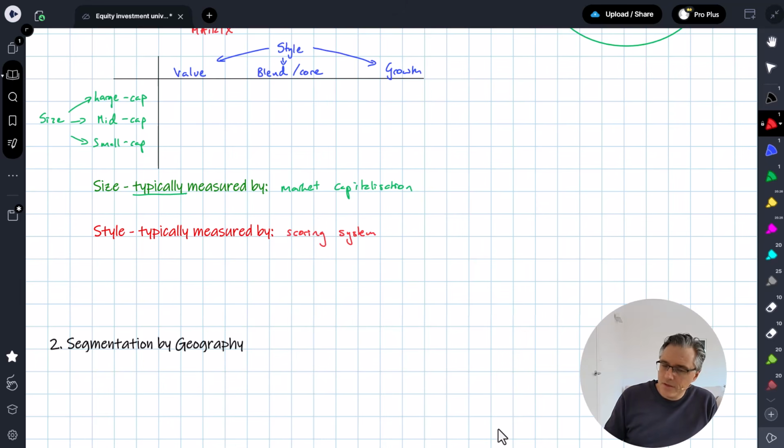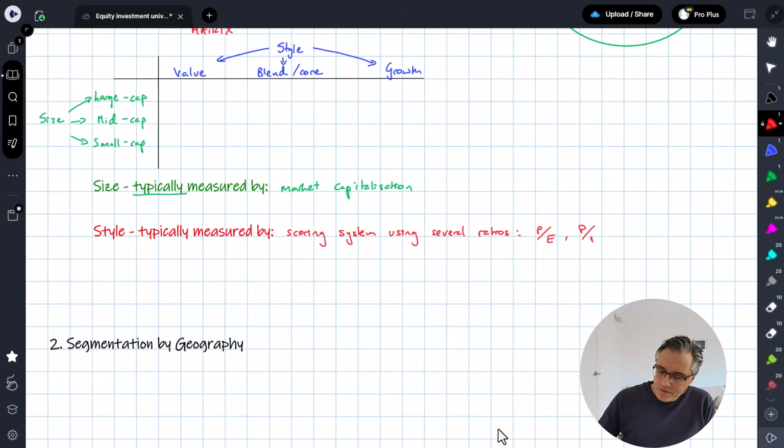And in that scoring system, we will use several ratios, metrics, such as most commonly price to earnings ratio. So companies that have a low price relative to their earnings, so relatively cheap companies, would be classified as value. On the other hand, companies with a high price to earnings would be typically classified as growth.